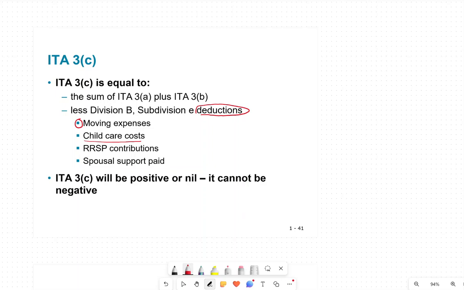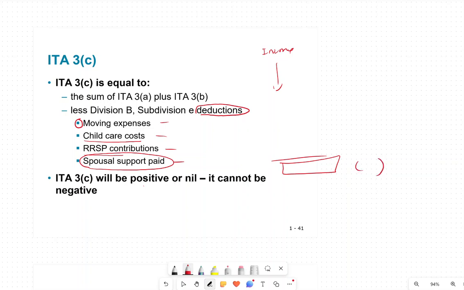You contribute to your RRSP, or a spousal amount is paid. That will be positive or nil. It cannot be negative. So you have an income, and you are going to minus these. You are going to have a positive number.